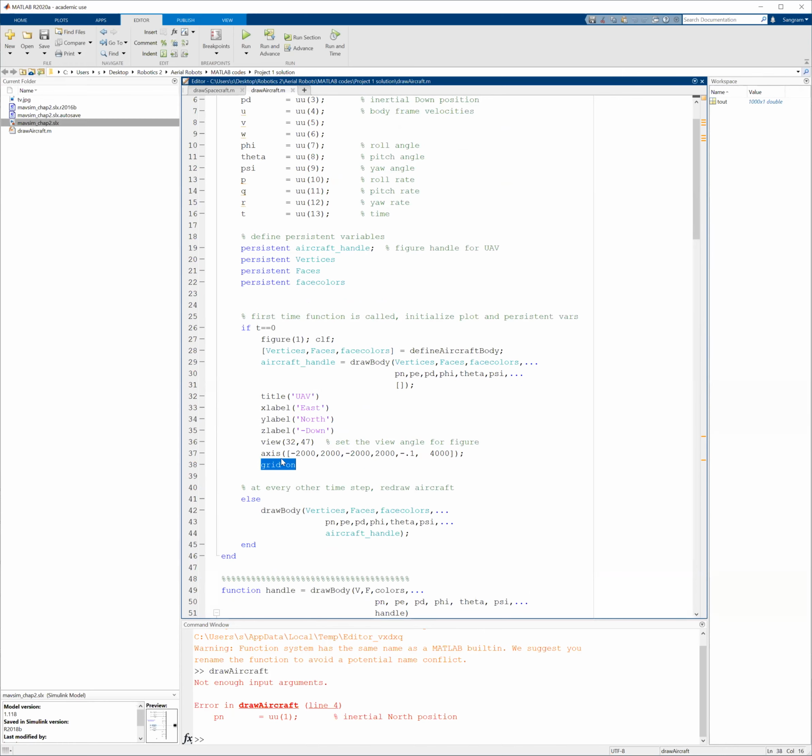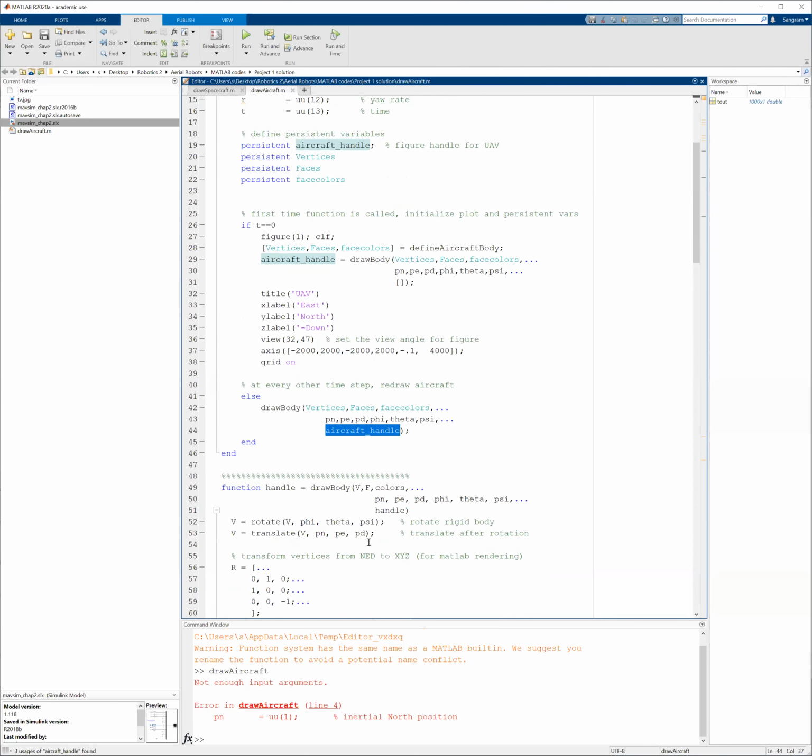So this happens when time t is equal to 0 for the first time, and then every time new information becomes available, I just draw the body and I supply the aircraft handle. This is the pointer to this figure, and it just updates the figure rather than redrawing the figure.